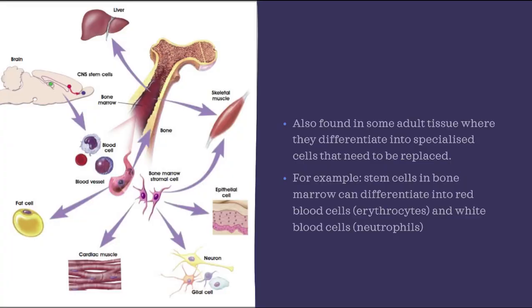They're also found, as well as in embryos, in adult tissue, where they differentiate into specialized cells that are needed to replace damaged tissue. So, for example, your skin cells are constantly dying. They rise to the surface of your body and then they're shed. So new skin cells need to be reproduced constantly.